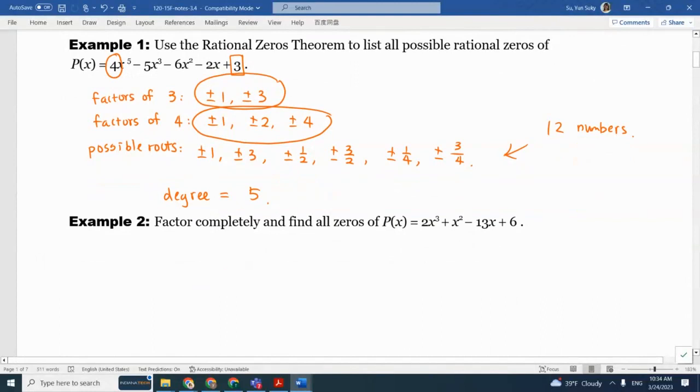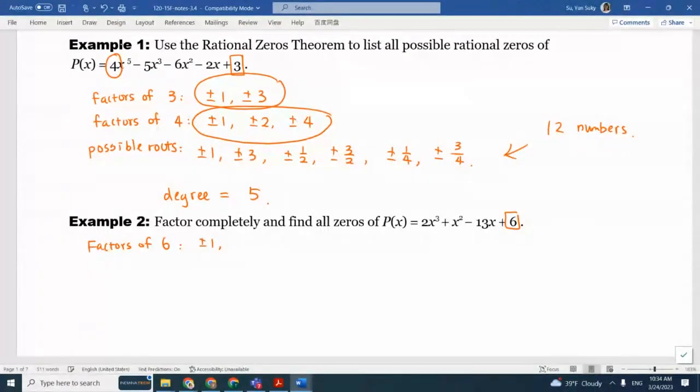Now example 2. Let's completely factor this polynomial. It's a longer process. First, we look at the factors of the constant term. What's the constant term? 6. What are the factors of 6?